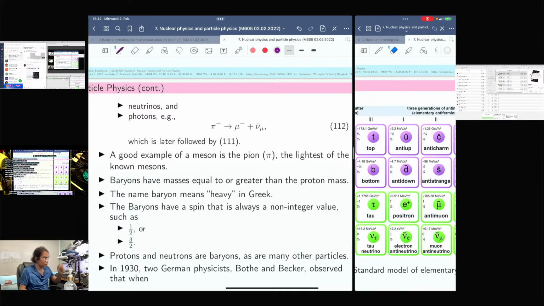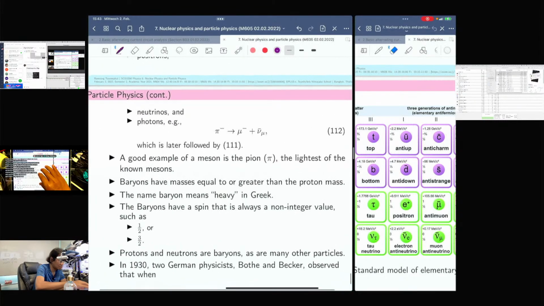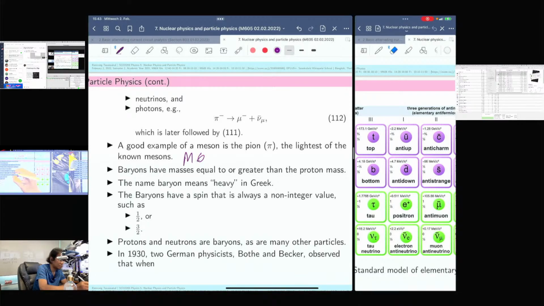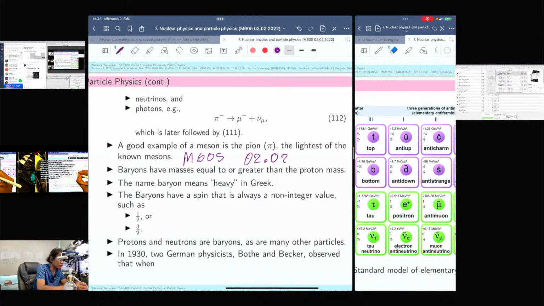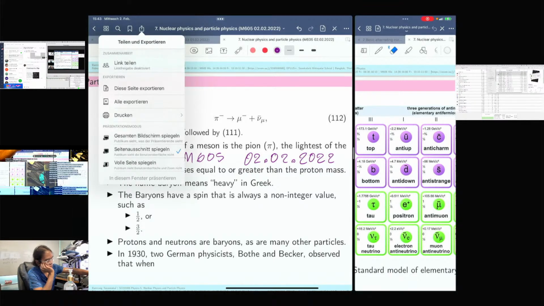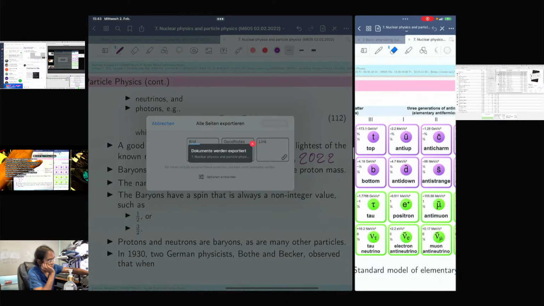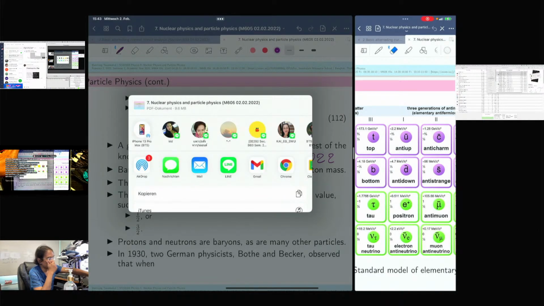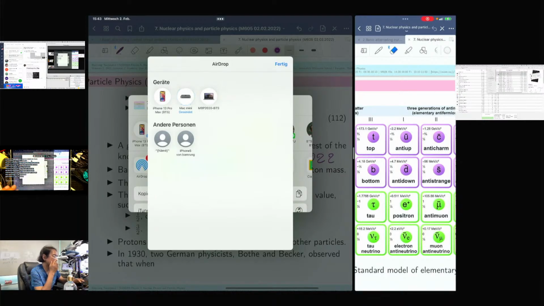Yeah, nothing wrong, let's send it. This is M605, good note.